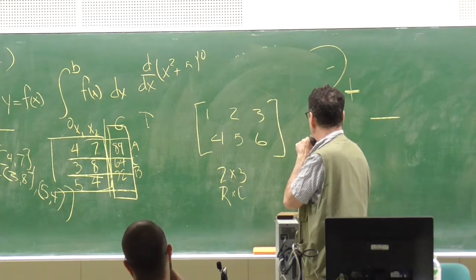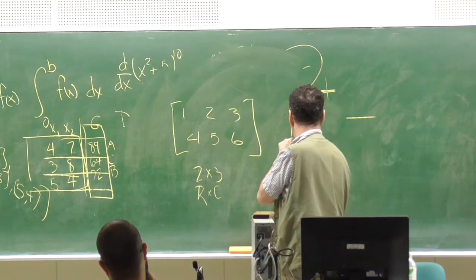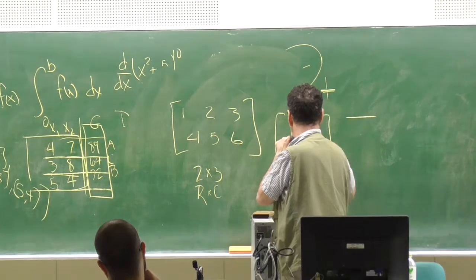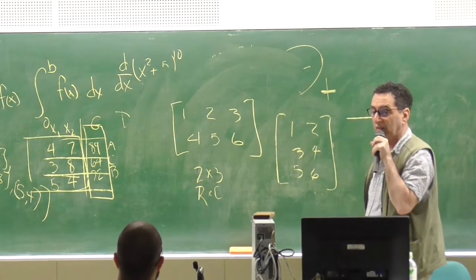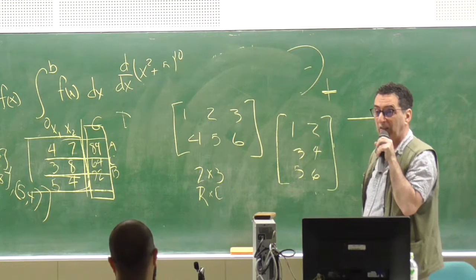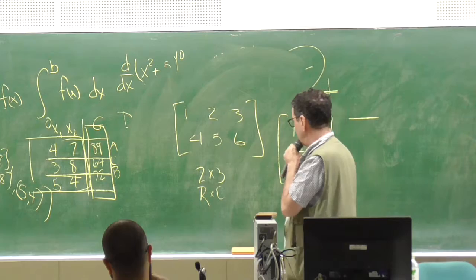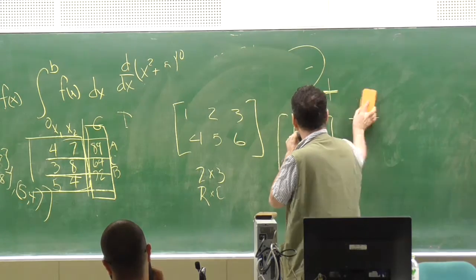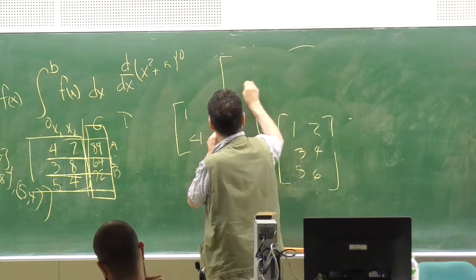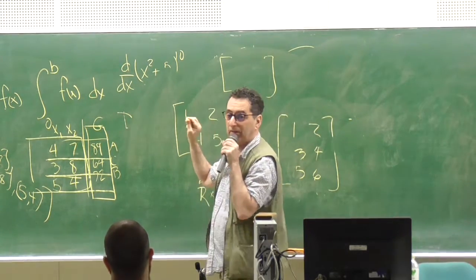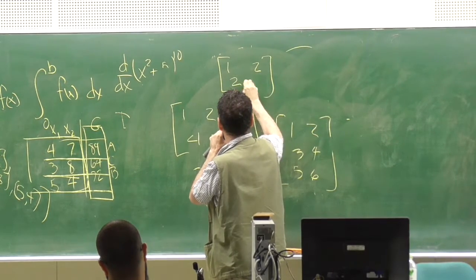On the other hand, this is another matrix, and what size is it? If you say the rows first, it's a 3 by 2. Everyone agree? Now suppose you have this: 1, 2, 2, 3.